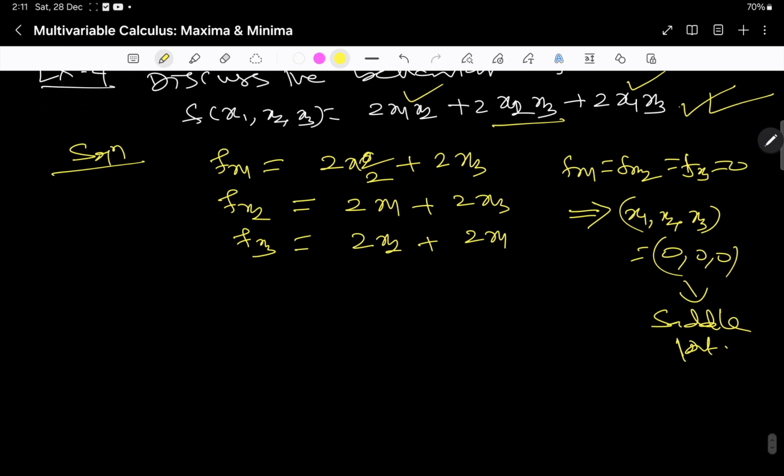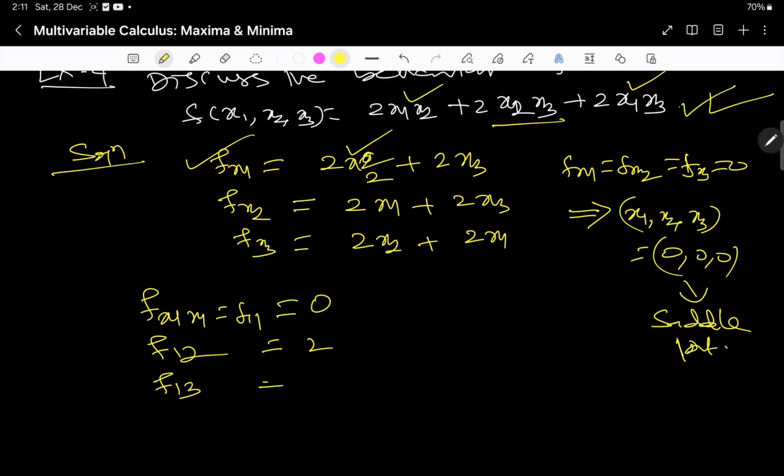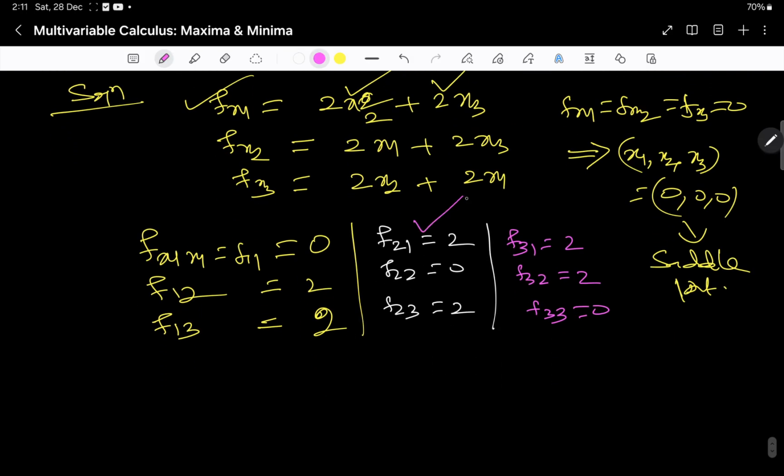Now you find what is f11 here, fx1x1. f11 here is 0, right? And here what is f12? f12 is 2. f13 is also 2. Accordingly we have these values. Now what is the Hessian matrix?